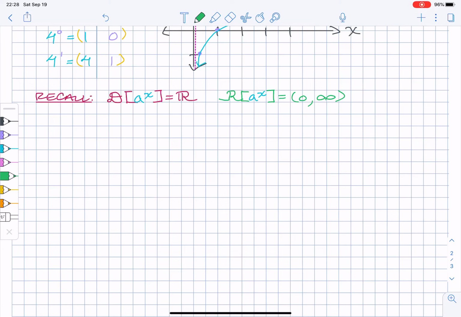So this implies that when we swap domain and range, the domain of log base A of x will be what used to be the range for the inverse.